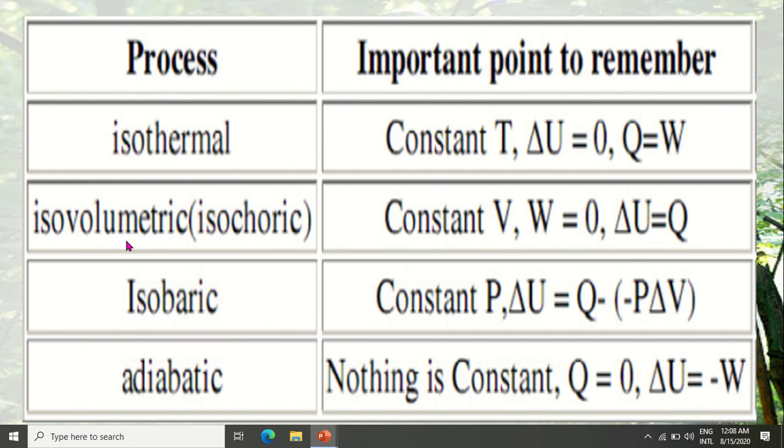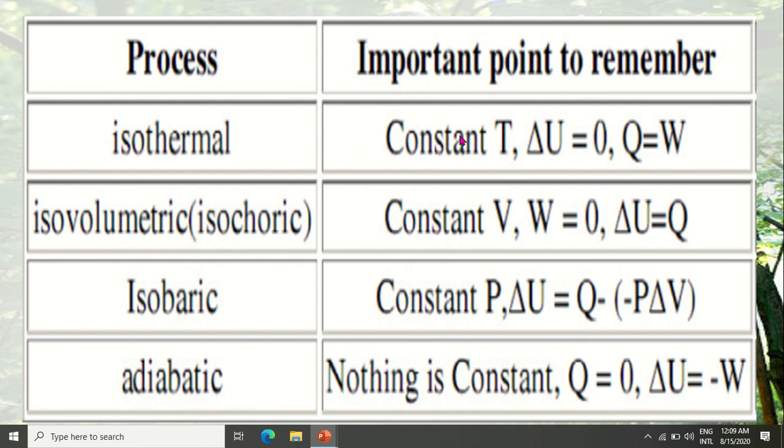Isobaric: by seeing the name, you understood. Here, which thing is constant? Pressure is constant. Del U equal to Q plus P del V. Adiabatic: nothing is constant. You have to remember one thing, in adiabatic process, nothing is constant. Here, heat is not supplied to the system. Heat equal to 0.